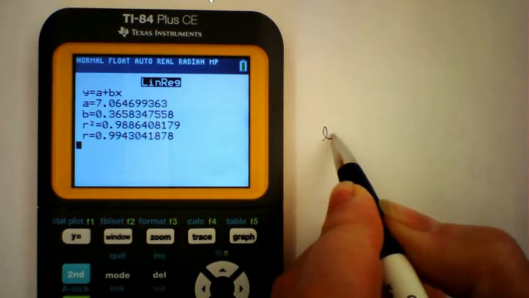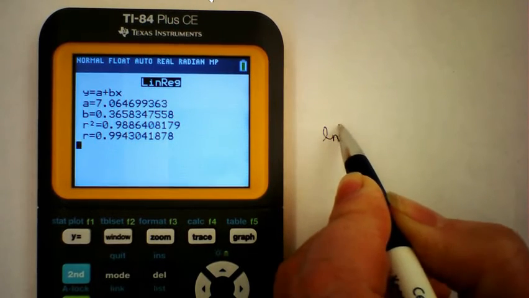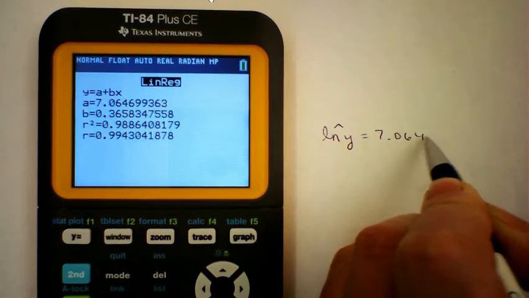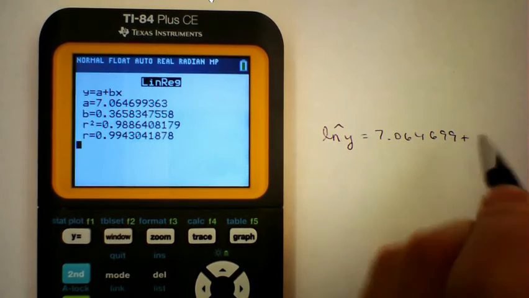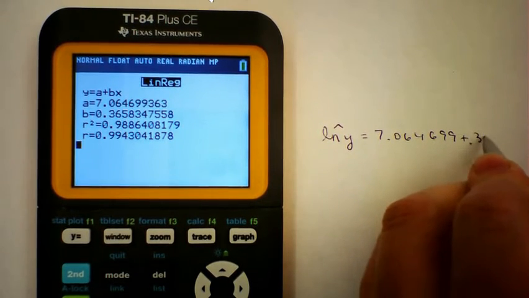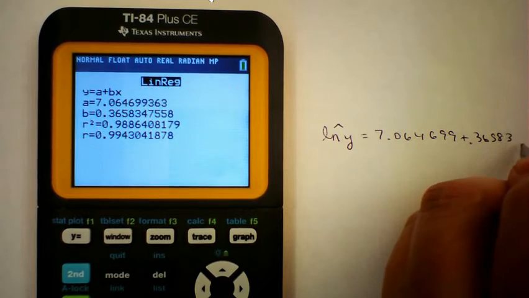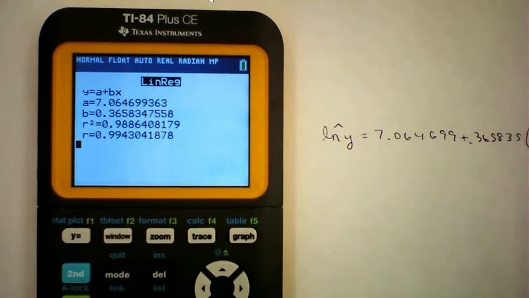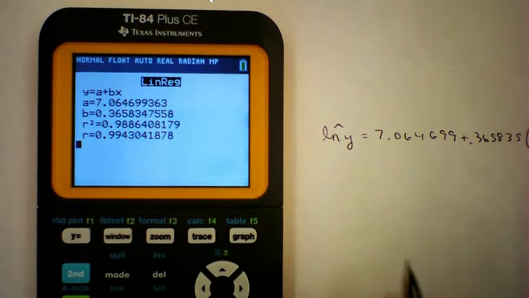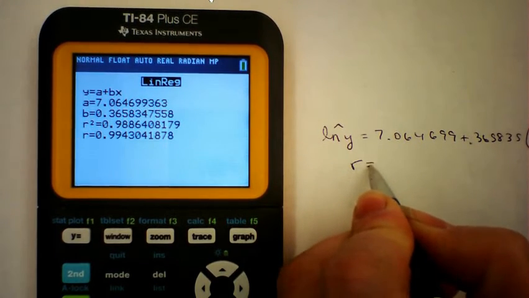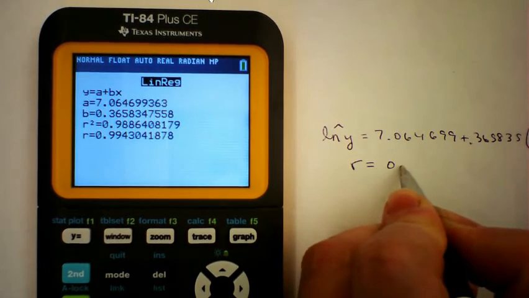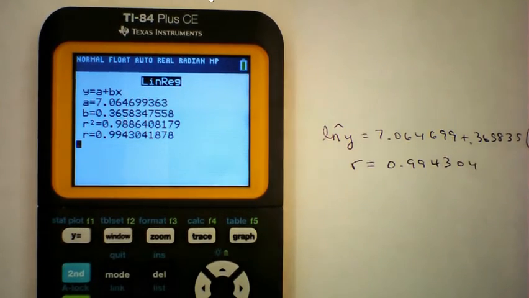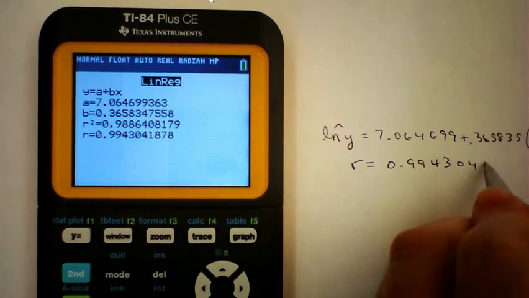So remember, it's natural log of y is going to be 7.064699 plus 0.365835, and then x, where x is years past 1970, and that gives me an r equal to 0.994304. Pretty nice. Actually, I'll write down all the numbers, 1878.